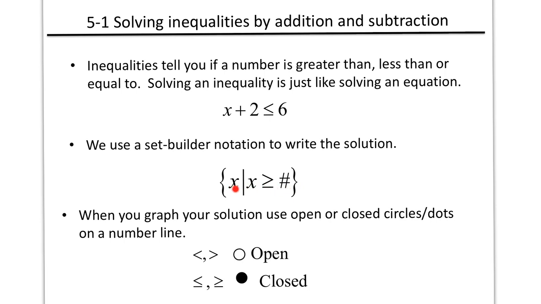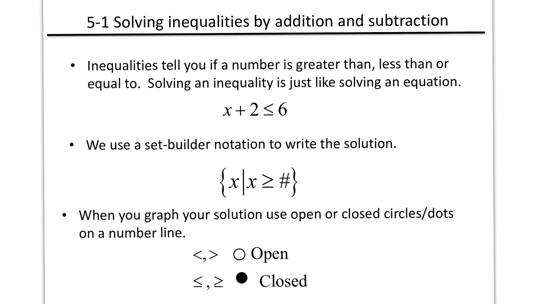We have x, and the vertical line here means such that x is greater than or equal to the number, or you might have a less than, or a less than or equal to. It just depends on the inequality. But that's how you read the actual set notation. You say x such that, that's what the vertical line means. And then we say what x is. Well, in this case, we are saying x is greater than or equal to some number.